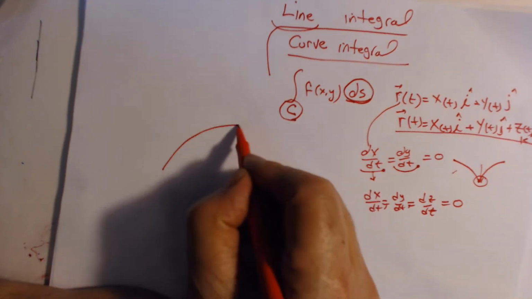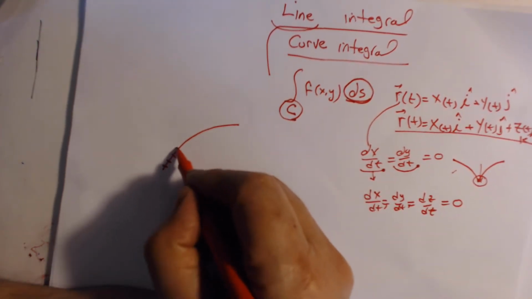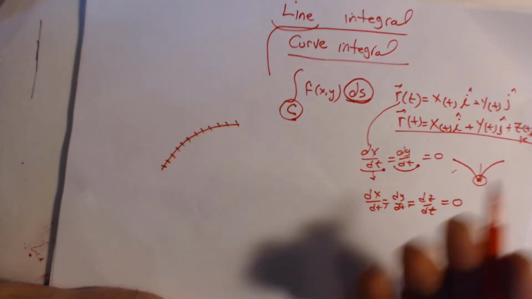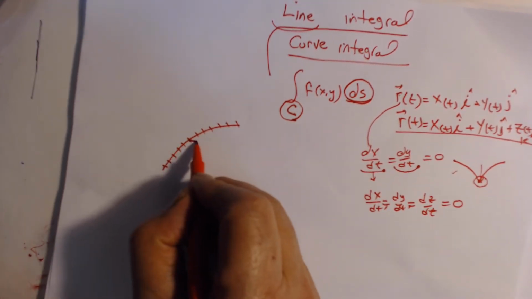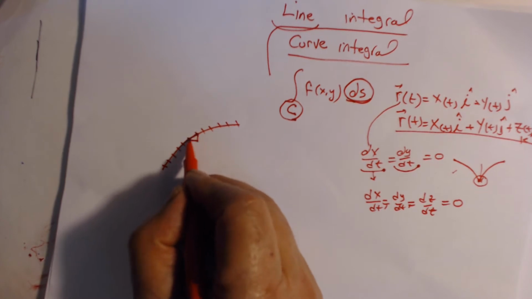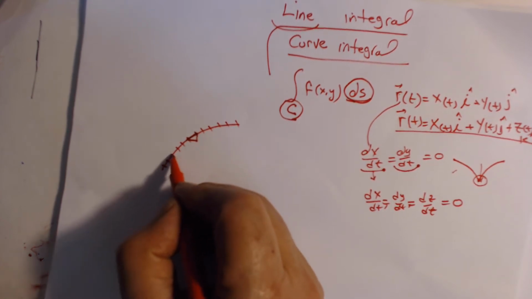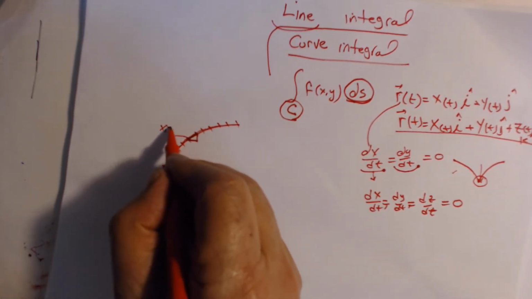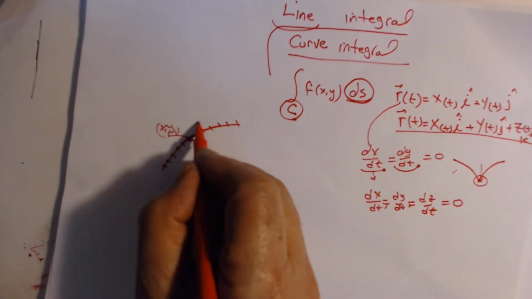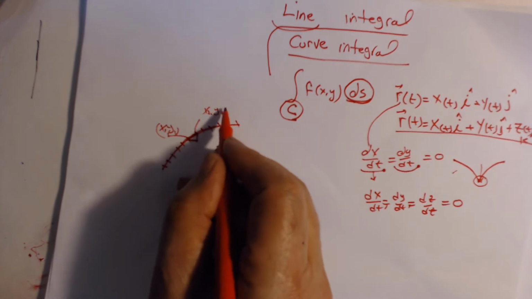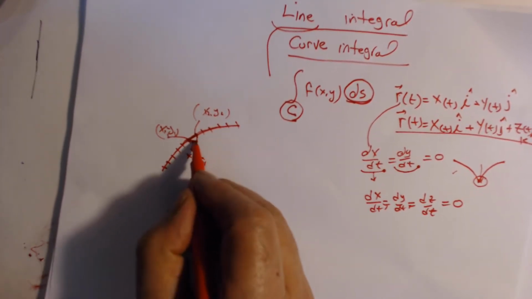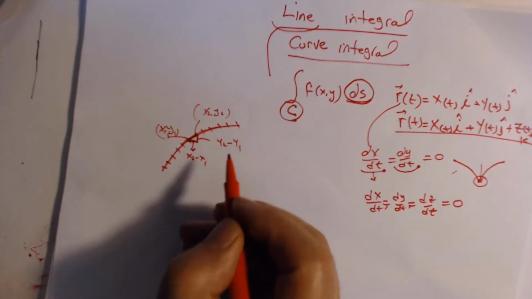Remember, arc length consists of many line segments, and if you want to find the arc length, you have to find the length of one line segment and use an integral to sum this up. Therefore, if this point is the first point, call it x1, y1, and this one x2, y2, this is the change in x, and this one is the change in y.